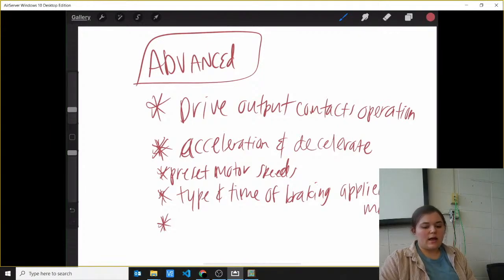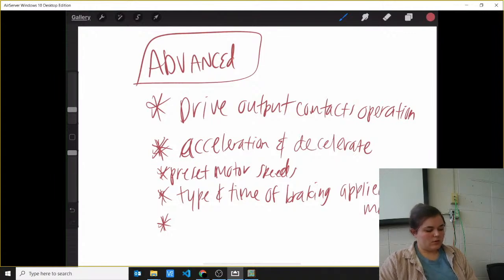But I feel like with some VFDs you could probably just do it on the little menu pad. If it was basic programming. But I do feel like the more advanced is obviously going to have to be in a program on a computer or something, and then you download it to the VFD. Because there's no way you could do all this on one little tiny screen. You would be sitting there for hours, you know what I mean?